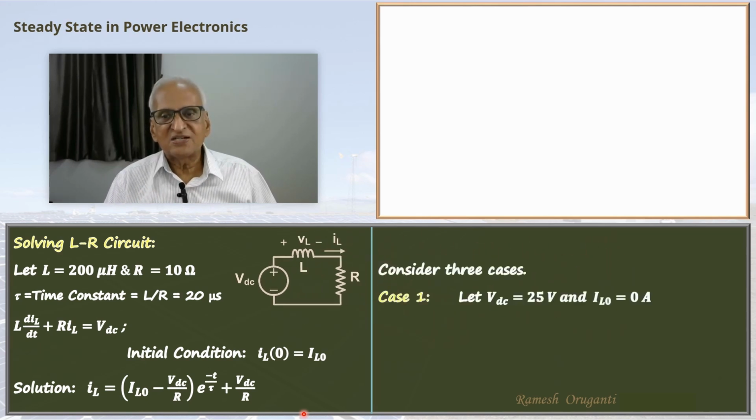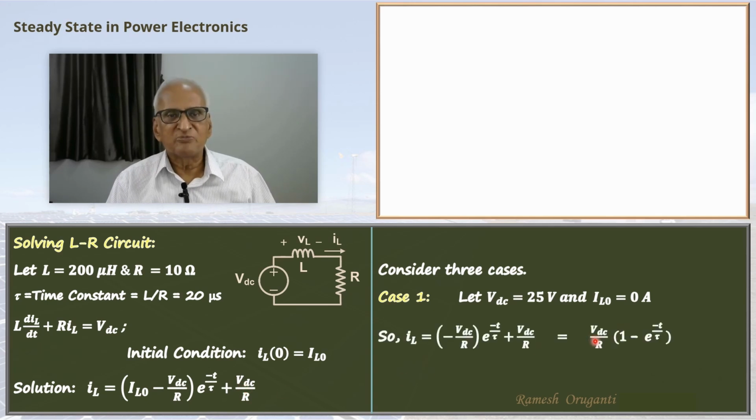So the first case that we will consider is VDC equal to 25 volts and IL0 equal to 0 amperes. Since IL0 is 0 amperes, we can neglect this term and VDC/R will become common. We can take out the VDC/R common.